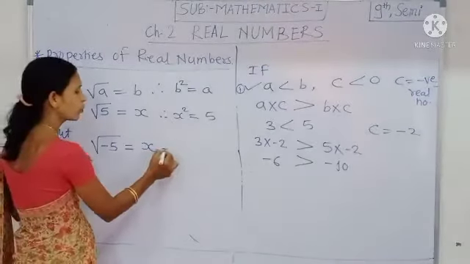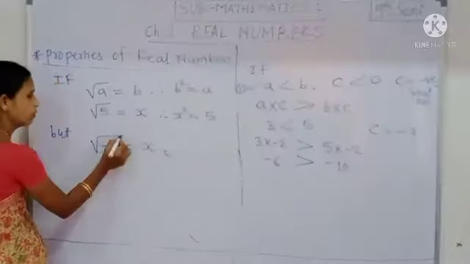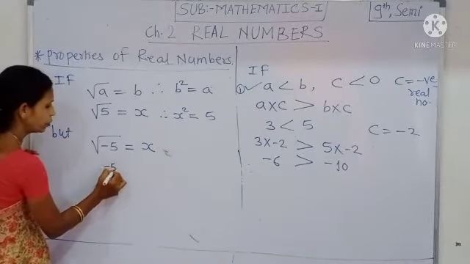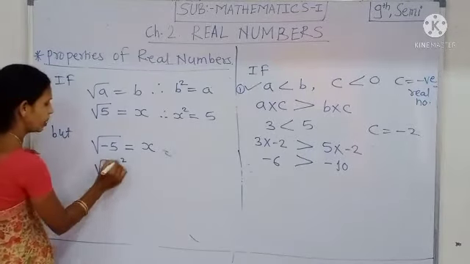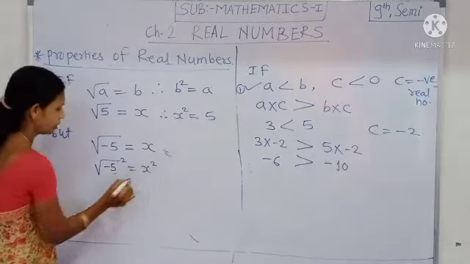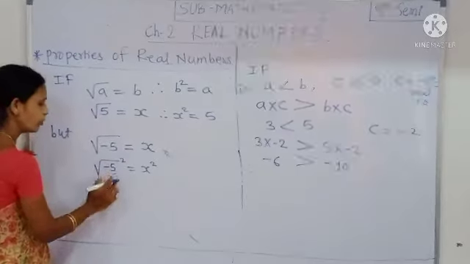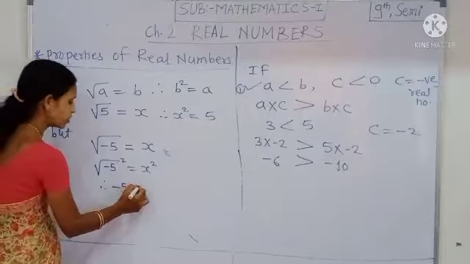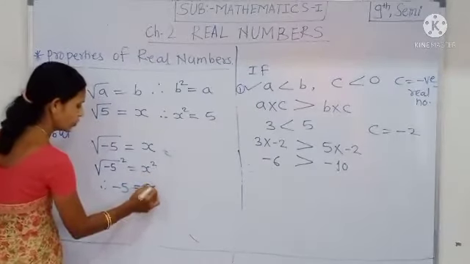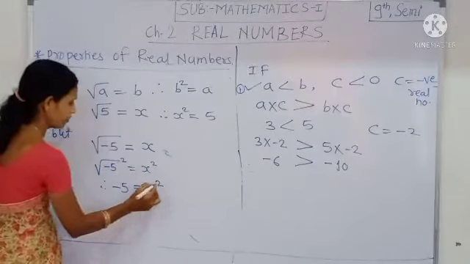Therefore taking squares on both sides, root minus 5 square is equal to x square. Therefore root minus 5 square, that is minus 5, is equal to here x square.